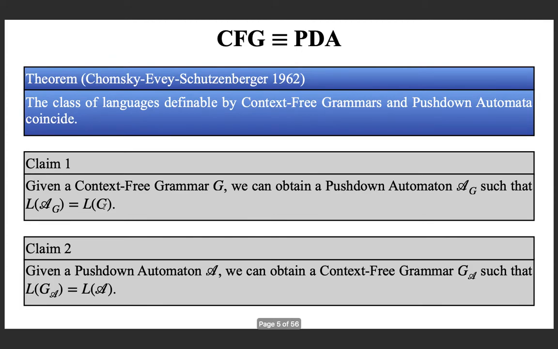And claim 2 is the other direction: given a push-down automaton, we can obtain an equivalent context-free grammar. In this lecture, we are going to see the proof for claim 1, and claim 2 will be proved in the next two lectures.